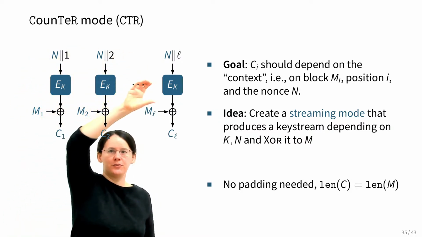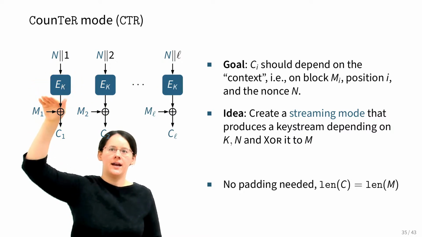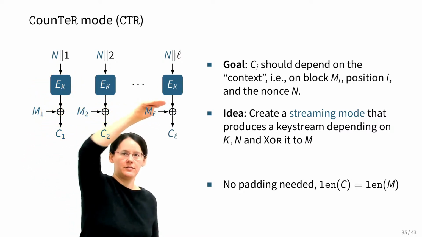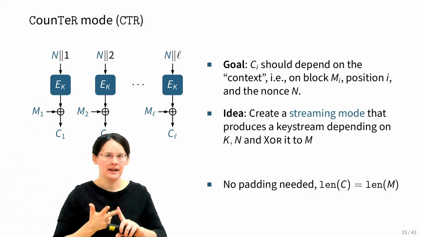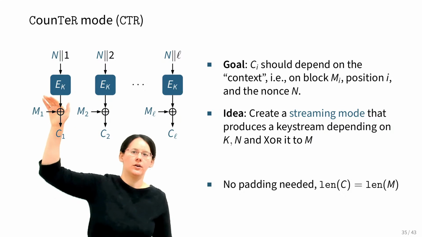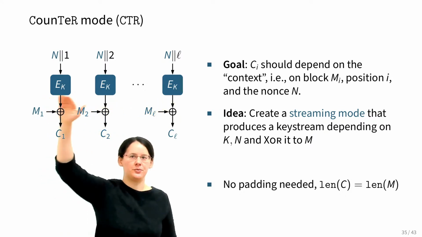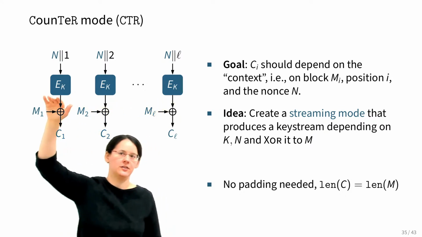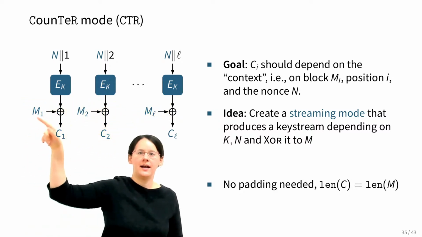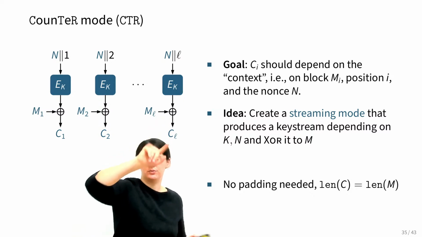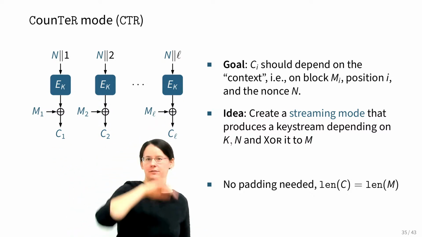We take these counters, we encrypt all of them, and now as a result, this intermediate value is a value that depends on the nonce and on the key and on the block position. We also call this a key stream, because it depends on the key and not on the message. And we can now simply take this key stream and XOR it to the message blocks, to get the ciphertext.